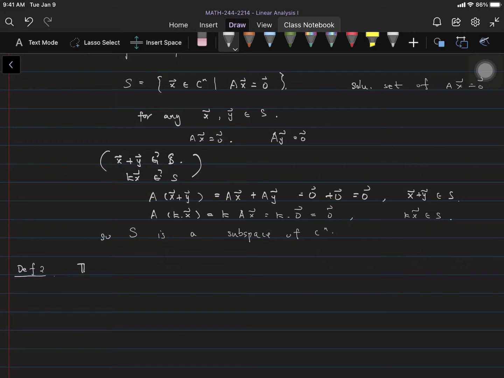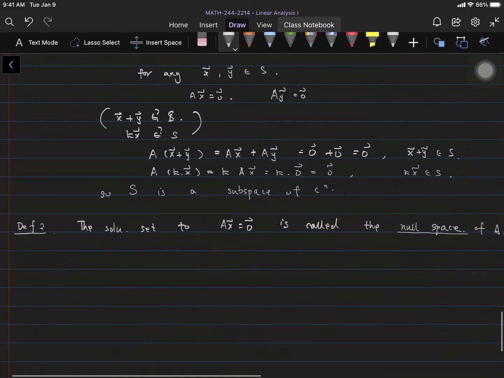So the solution set to the homogeneous linear system is called the null space of A, null meaning 0 usually, and it is denoted by this notation.